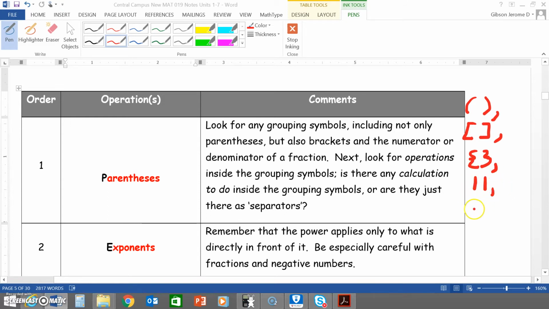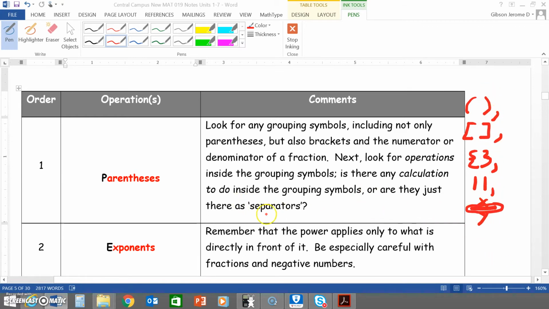And then we also have the fraction bar. And what I'm going to do to signify this as parentheses, I'm going to put X over Y and then circle this. So you'll know we're talking about the fraction bar. These are all forms of parentheses.